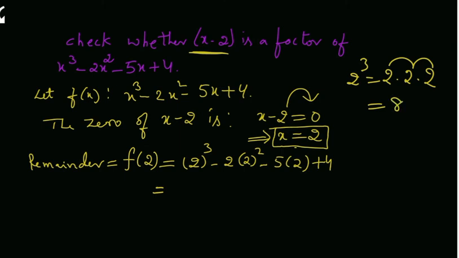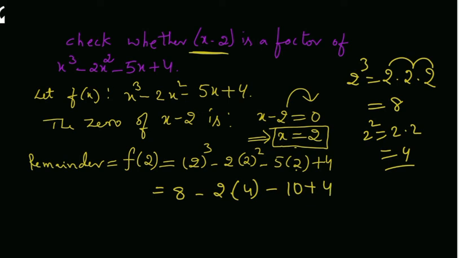You have to write 8 here minus 2 into 2 square. 2 square means only 2 times, that is 2 2s are 4. So 2 into 4, minus 5 into 2, it becomes 10, minus 10 plus 4. And it is 8 minus 8 minus 10 plus 4.